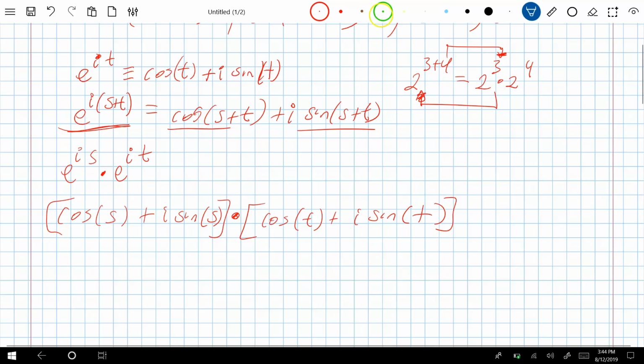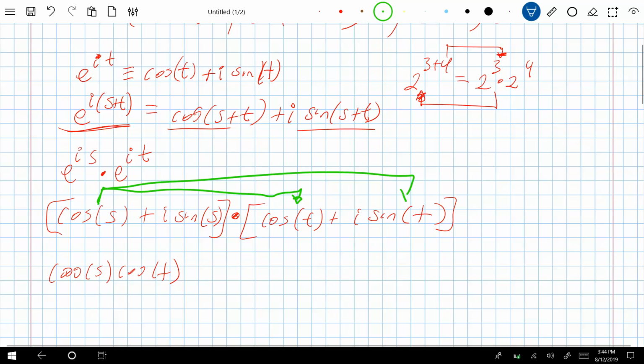So let's FOIL things out a little bit. I'm going to take this and multiply by this one. That's our first FOIL step. So I'm going to have cosine of s multiplying cosine of t. Then I'm going to do the next part, which will be cosine s times sine of t with the I in there.